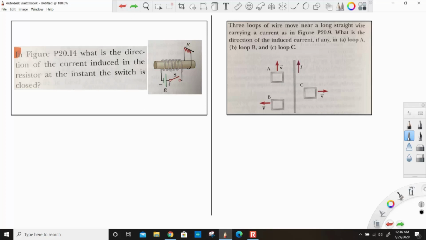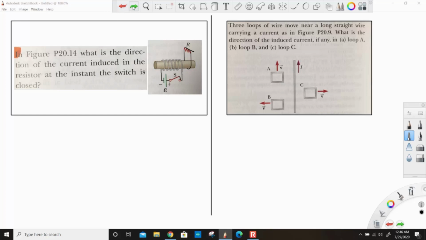Okay, so once the switch closes, we see positive is on the right, therefore current will flow up this side and down this side. If that's true, there are two ways to look at this solenoid here. One of them is grab the wire down here, and you'll see that your fingers are going to the left behind it if your thumb is pointed upward.